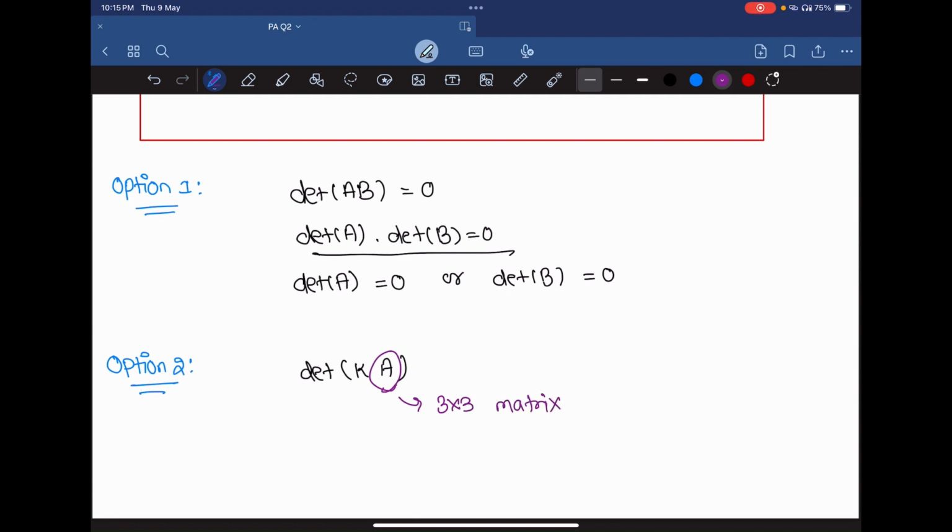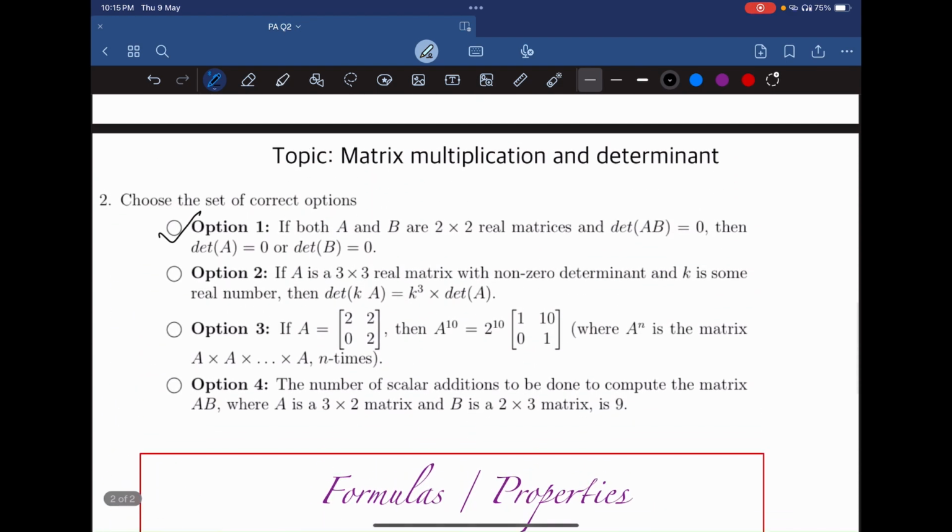And here this K would multiply each and every element of matrix A. That means each and every row of A. So this K will multiply all the three rows, so it should come thrice. So it should be K into K into K into determinant of A, and that is the same as K cube times determinant of A. Hence, option 2 is also correct.